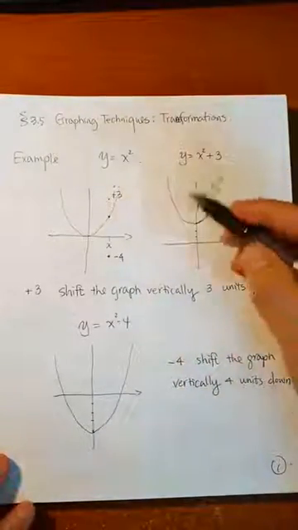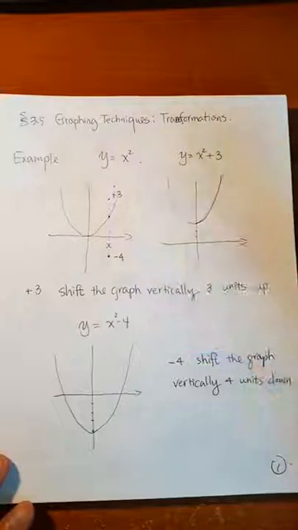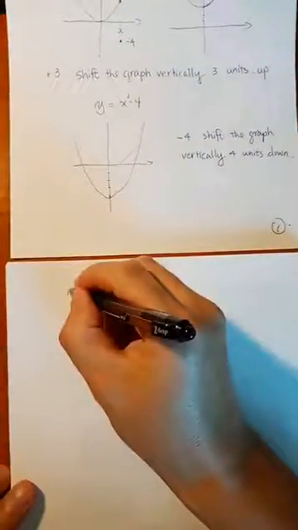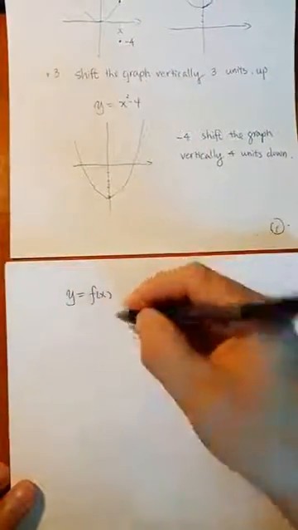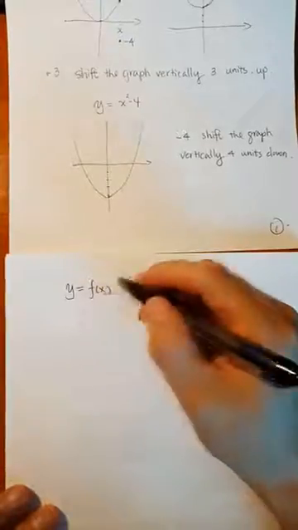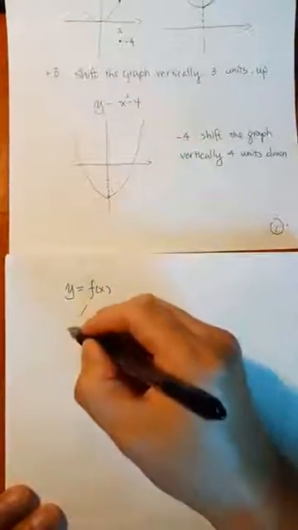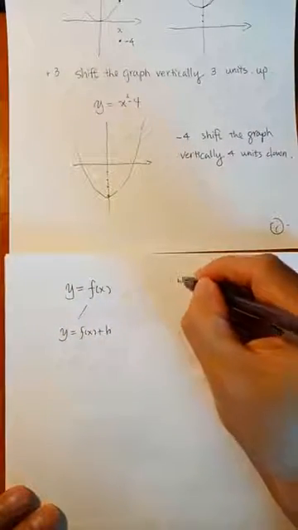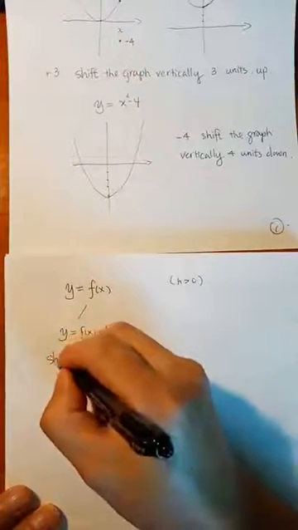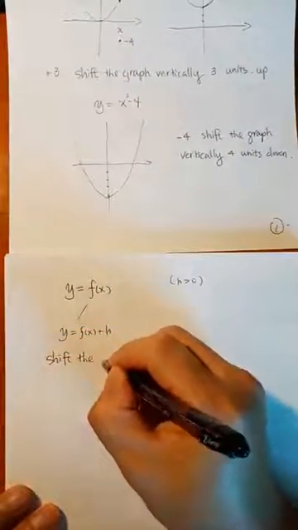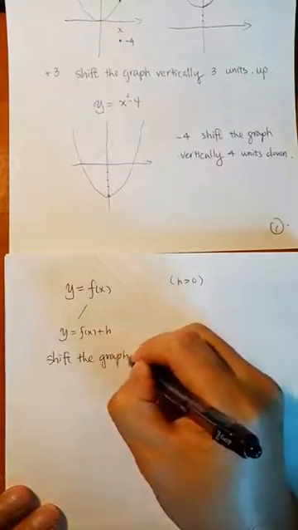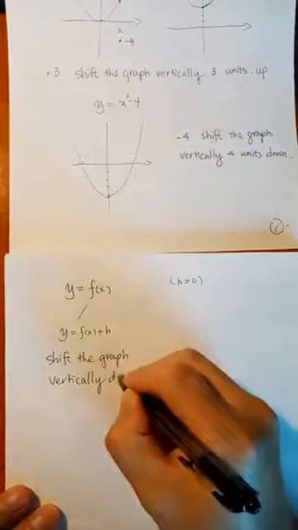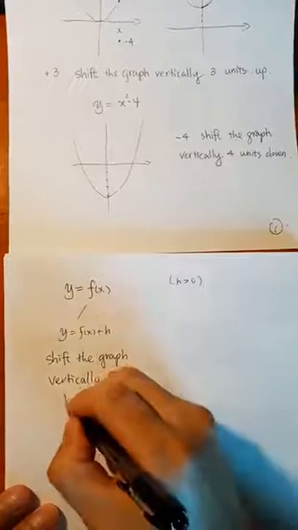So whenever you just simply add or subtract some numbers from the function. So to summarize it, if you have a function y equal to f(x) and you already know the graph, assume you know the graph of this function, and you have two possibilities. One, if you have f(x) plus h, where h is a positive number, plus h, so shift the original graph vertically up h units.